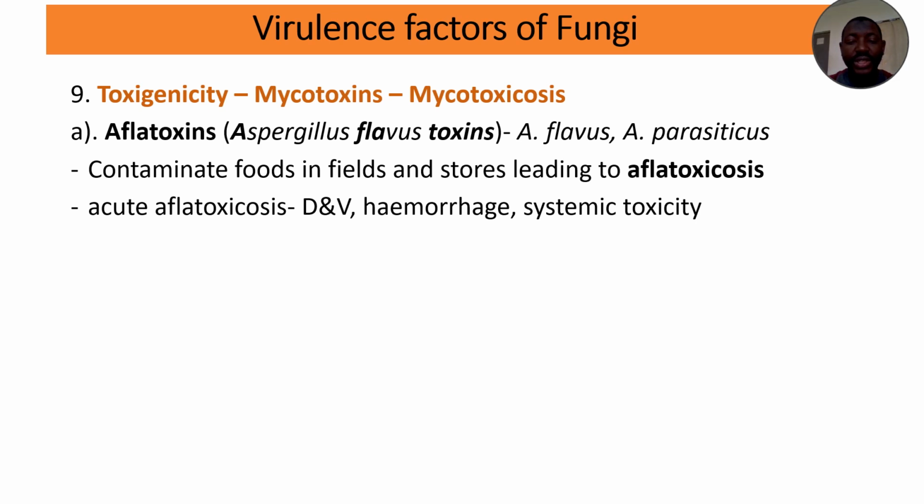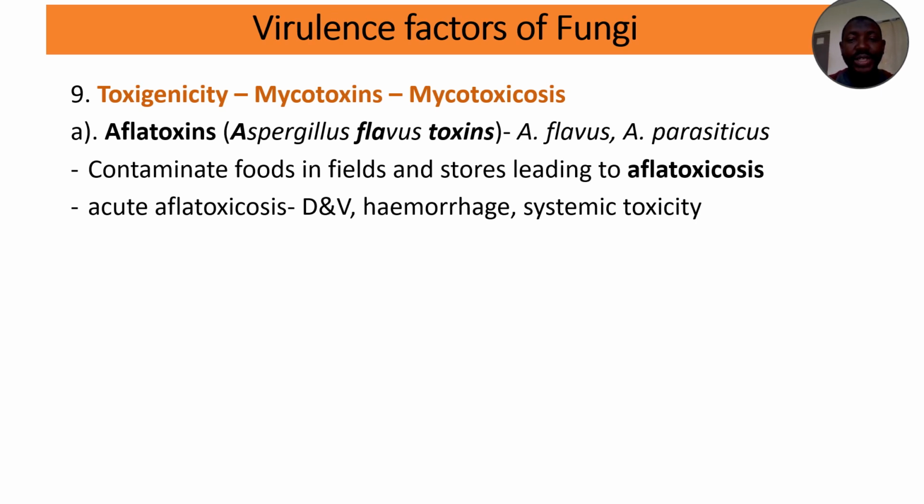This aflatoxicosis can be acute aflatoxicosis, which is a very short-term aflatoxicosis characterized by consumption of a large amount of aflatoxin in food, leading to diarrhea, vomiting, hemorrhage, and systemic toxicity such as liver toxicity, kidney toxicity, brain damage, and many other systemic diseases which can lead to instant death.